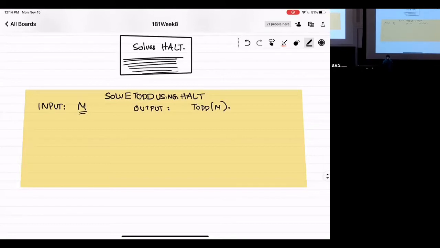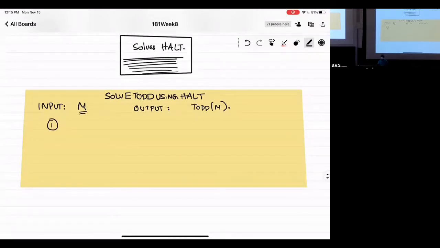And the way we'll design this machine is really use our have-our-cake principle. Meaning, I'm going to come up with just some high-level programming description of how this machine is going to work. But that is fine for us. Just think of coming up with an algorithm which can solve the toddler problem, assuming you have halt. Any suggestions?